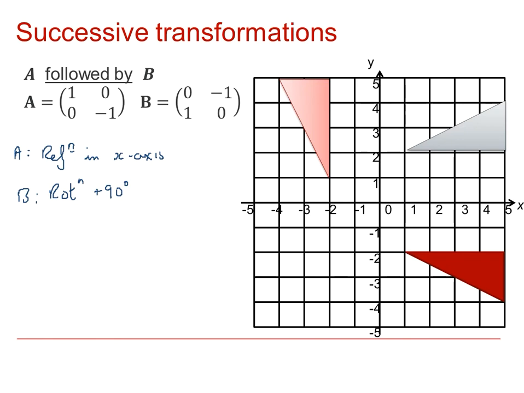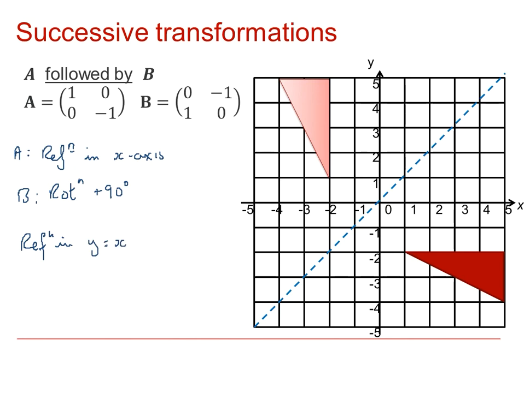Now what we want to do is to consider what's the combined effect of those two. In other words, we want to go from the red one to the pink one, and we can see that that combined there is a reflection. So A followed by B produces a reflection in the line y is equal to x.